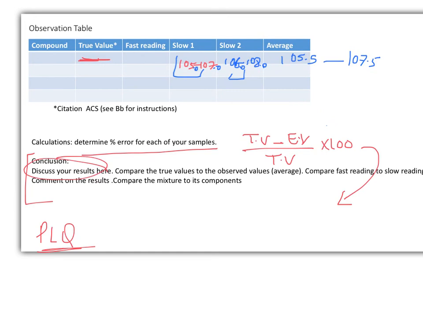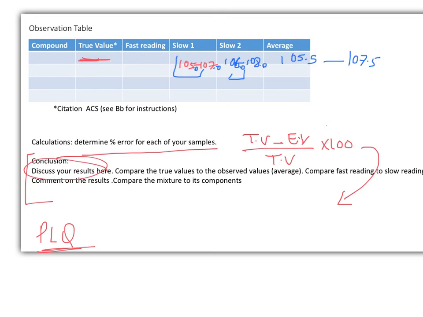Talk about its percentage error and how well you were able to satisfy that goal. Maybe was that sample impure? So talk about the ranges that you're getting. Is that a big range? Is that a small range, or what? And compare the components of the mixture to the mixture itself and justify your result, your data.